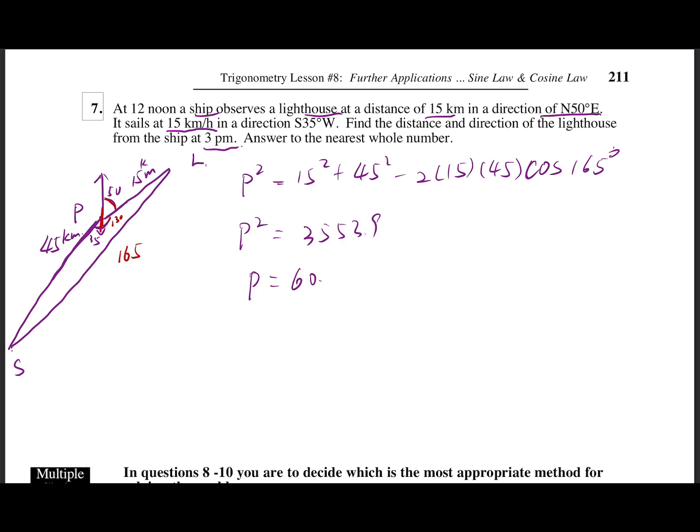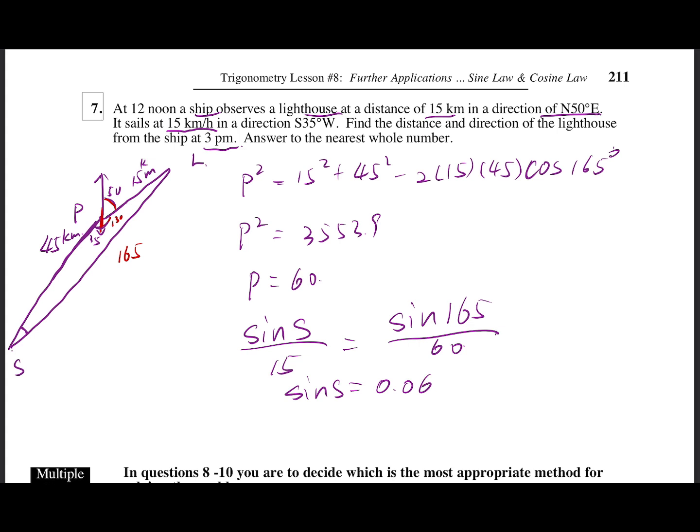And now we need to find the direction, right? For the direction, we need to find this angle here, angle S. For angle S, we can use sine S divided by 15 equals sine 165 divided by 60. We just find it out, and sine S equals 0.0647, and angle S equals 4 degrees.